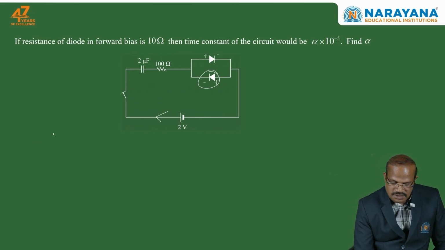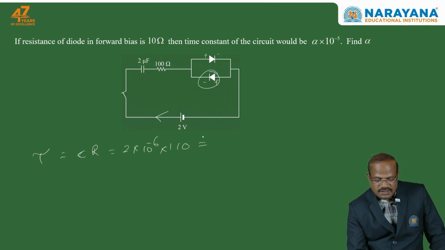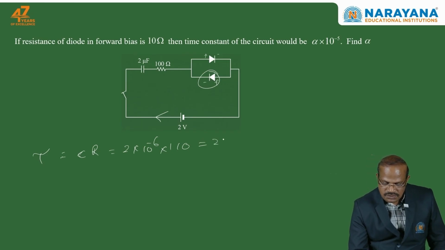So time constant tau equals C into the effective resistance in series with C, that is 2 × 10^-6 times the resistance 100 plus 10, 110.